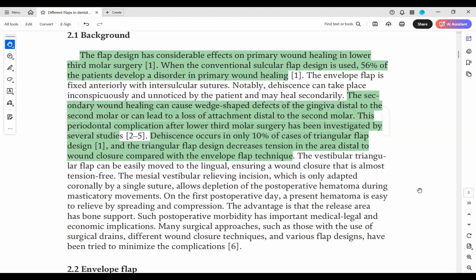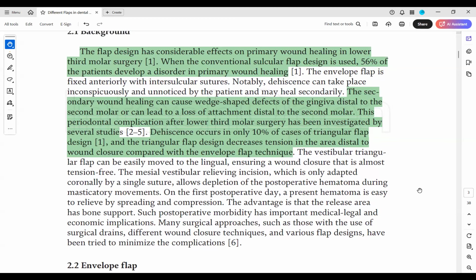Although the immediate post-op swelling is slightly higher with the triangular flap, the overall healing, with primary healing and the lack of post-op morbidity, is known to be best with the triangular flap. It leads to minimal attachment loss and minimum defect formation.